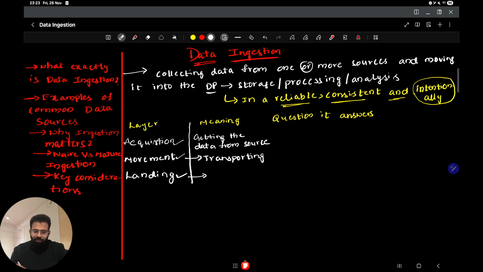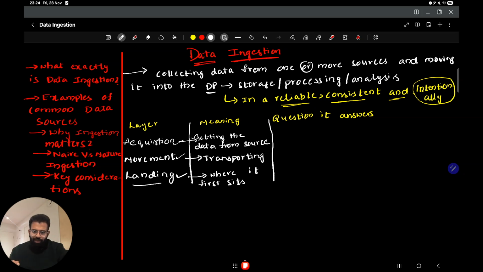Landing means wherever it first sits in your data platform. So acquisition is getting the data from source. Movement is whatever data we got, we should transport it to your data platform. And then landing is a place in your data platform where the data you just acquired and moved arrives. So this is the 3-layer approach that we are talking about.